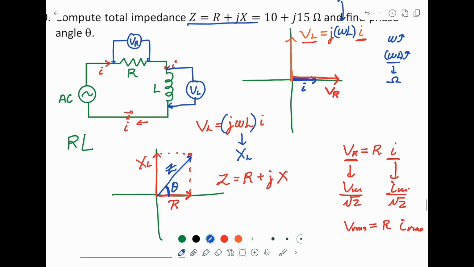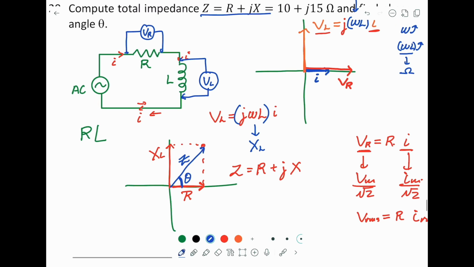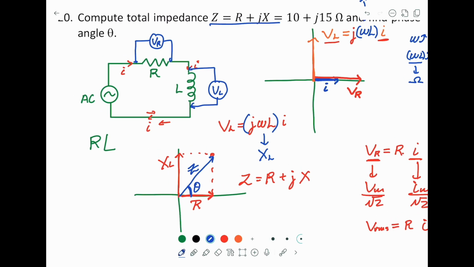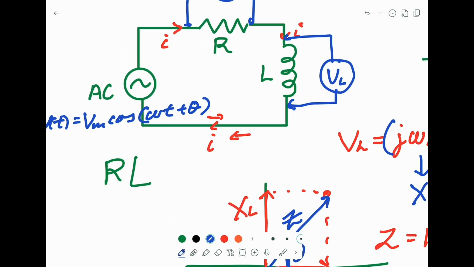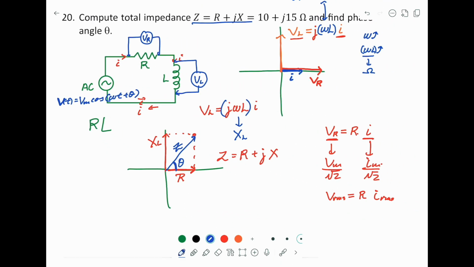Now, what this phase angle means is, in this circuit, if you look here, the input V is V maximum cosine omega t plus theta. So the phase angle of the input is here along the Z, the complex impedance.